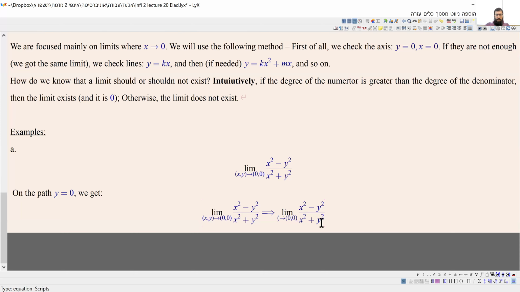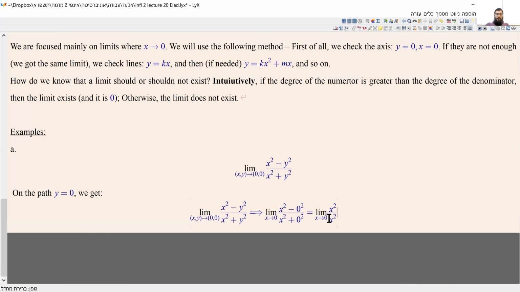So we get x squared above x squared. And what's the limit of that? 1.